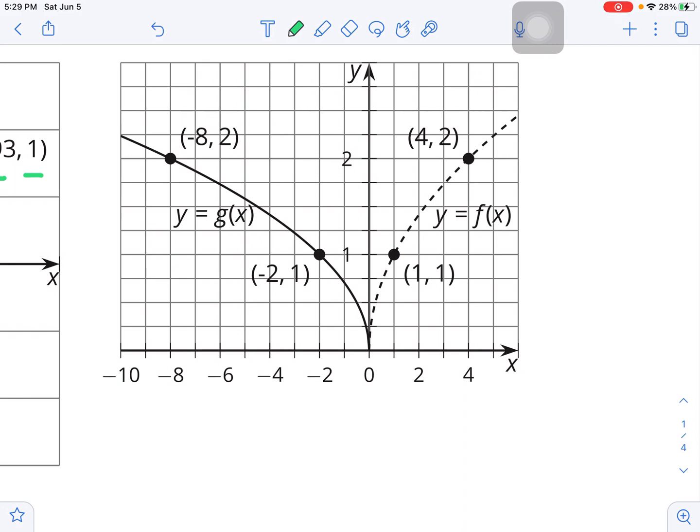If this is our g of x here, this is our resulting function after a transformation of this one, it looks like a stretch because you're further away from the x-axis with g of x than you are with f of x. So I'm expecting this to be a scale factor that's between 0 and 1 again.